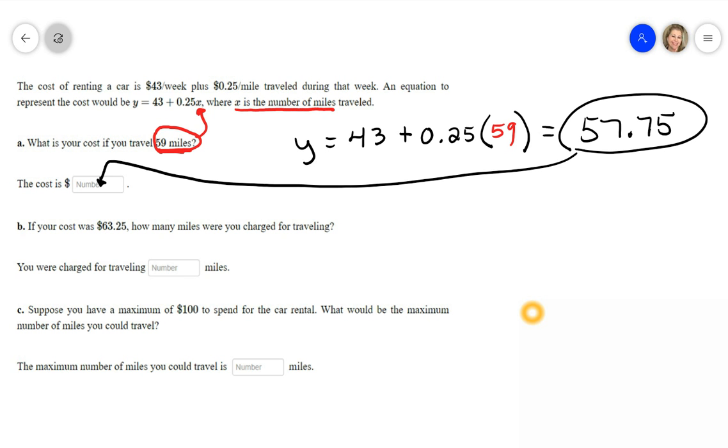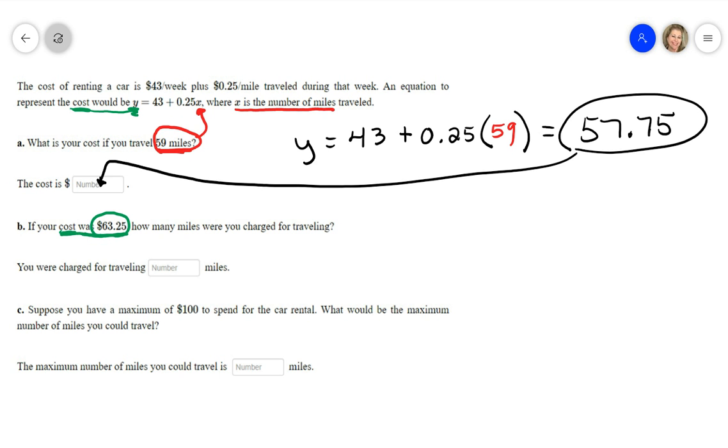That's part A. Now, part B says if your cost was $63.25, how many miles did you go? So it says cost was $63.25, and an equation to represent cost would be y equals, y would be your cost.